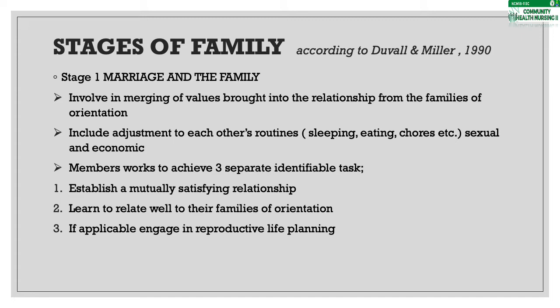Okay, they merge it. Okay, it involves the merging of values into the relationship from the families of orientation. Okay, so it is also not possible to let only the papa's values or only the mama's values dominate, there must be a merging of values. Okay, so it includes adjusting to each other's routines.